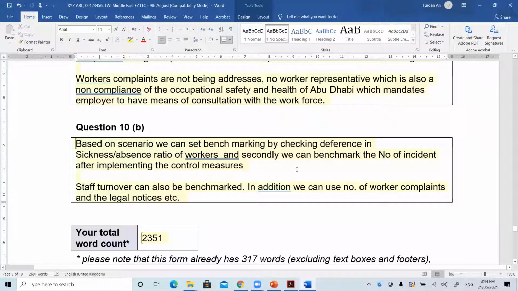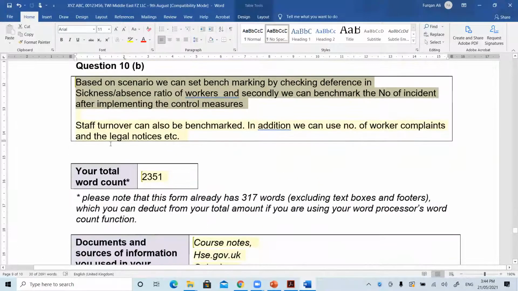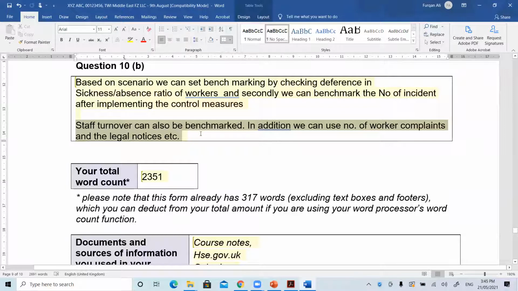So we can measure the sickness and absence ratio from the previous year and set it as a benchmark for the next year. The second thing is staff turnover, yes, that is also a valid point. You can use the staff turnover as it can be benchmarked. In addition, we can use the number of workers' complaints. Yes, we can use the worker complaints as well for benchmarking.